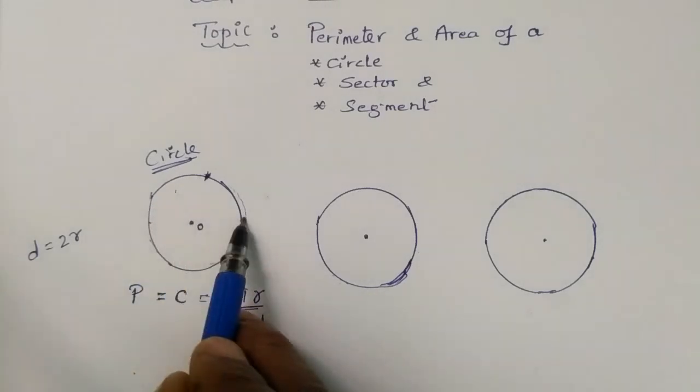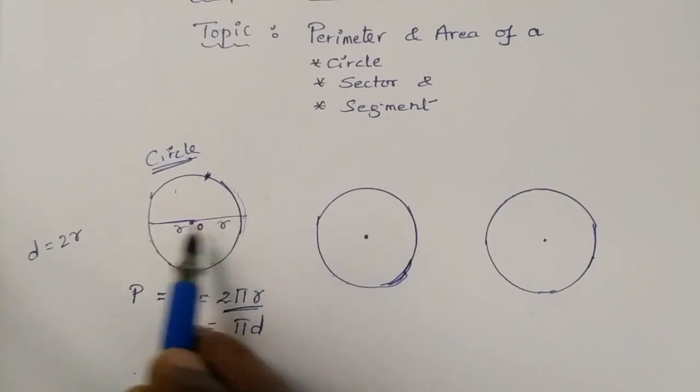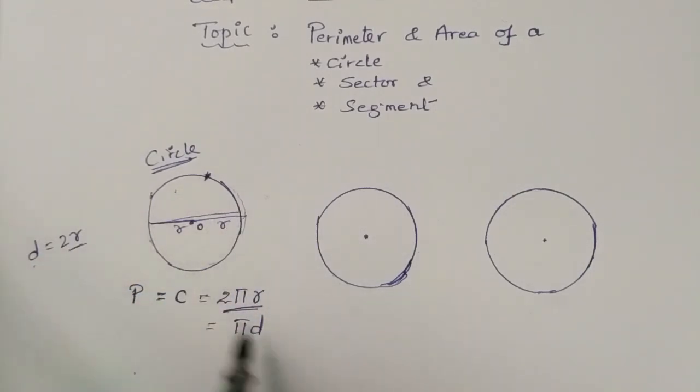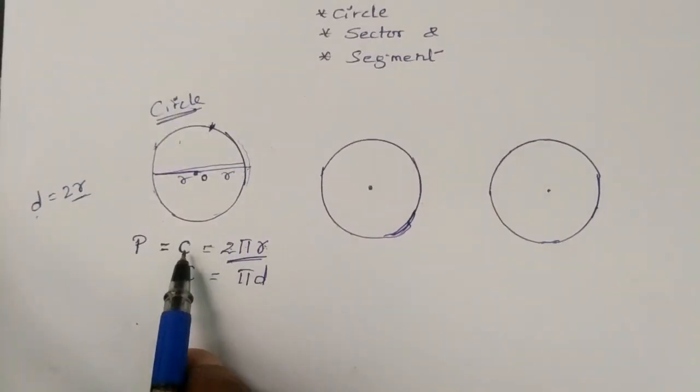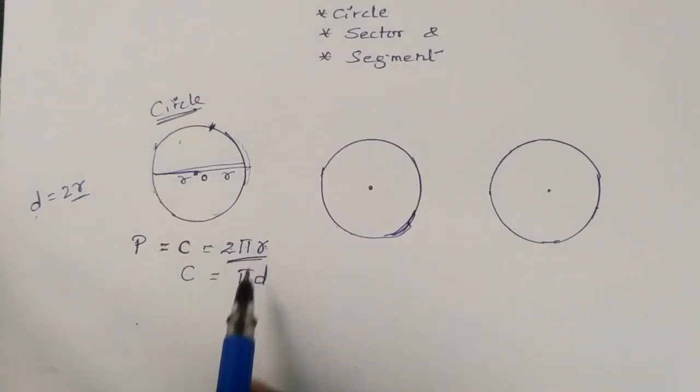So r plus r, that is 2r, is called the diameter. Pi stays as it is, and in place of 2r I wrote d. So both are formulas to find the circumference of a circle; you can use either one.